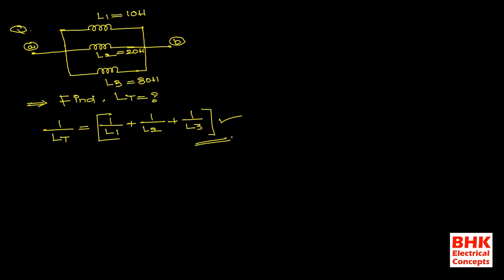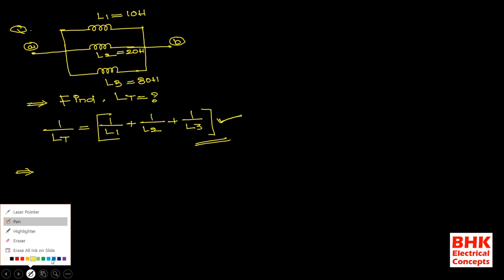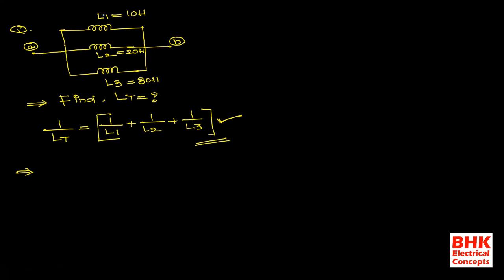But when we are simplifying like this, sometimes some students make mistakes in taking the LCM and simplifying. That's why, for those students, first you have to take these two inductances, L1 and L2.